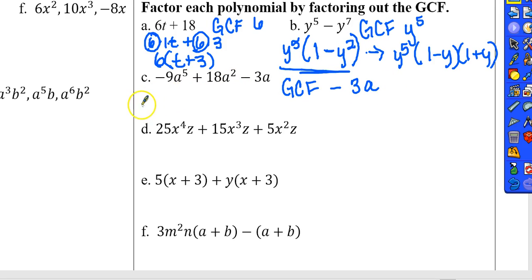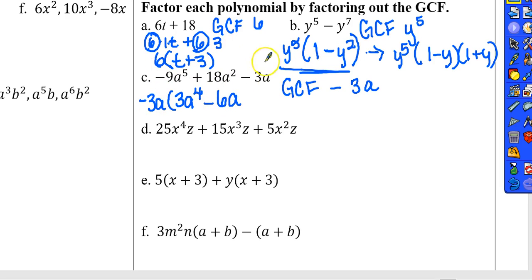So when we factor that out, negative 3a, now we have to think, okay, so how do I get back to this? What am I multiplying negative 3a by so that I get negative 9a to the 5th? 3a to the 4th. Negative 3a times what gives me positive 18? Negative 6a.